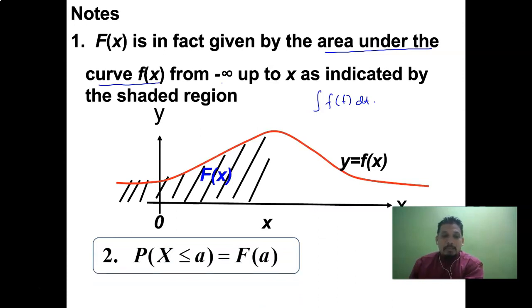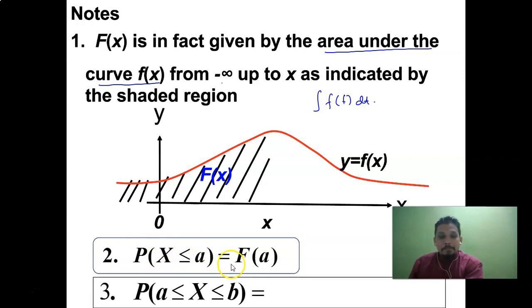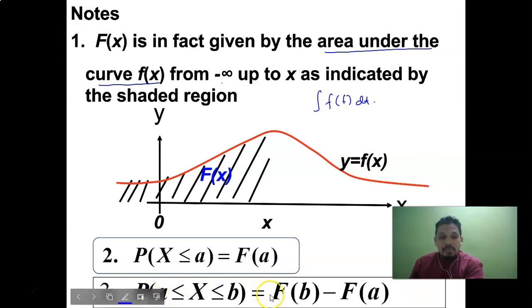And the cumulative distribution function F(a) equals the probability of X less than or equal to a. So for this one here, we can simplify as F(b) minus F(a). With all these symbols, it's better we look into the example so we can see clearly what it's all about.